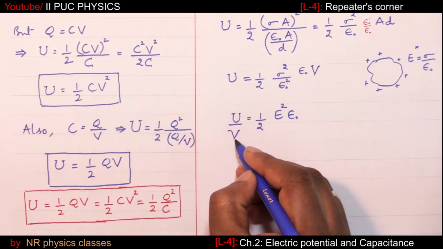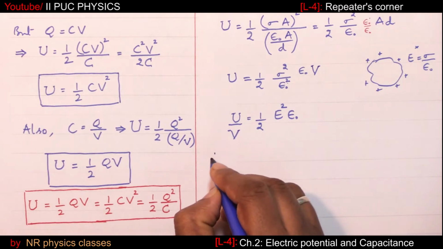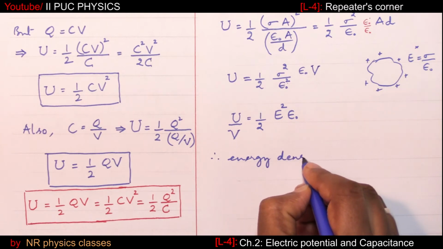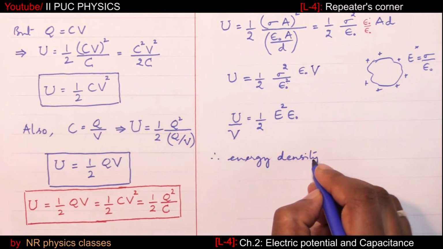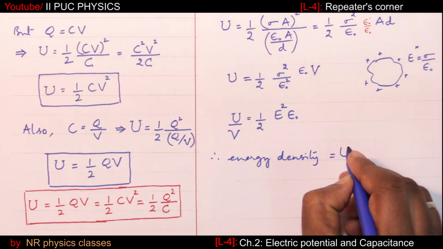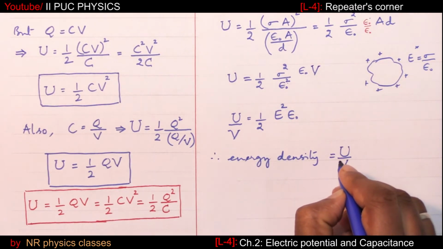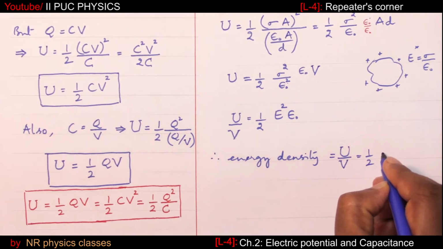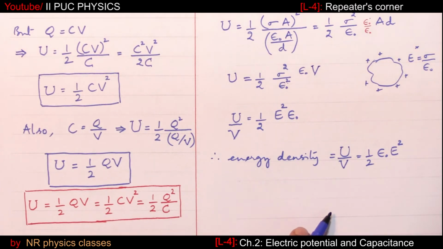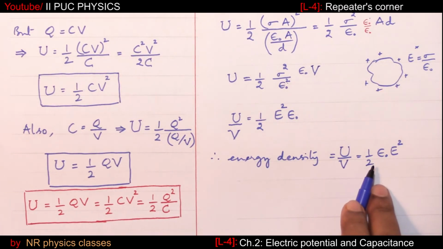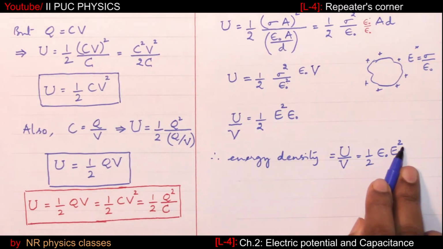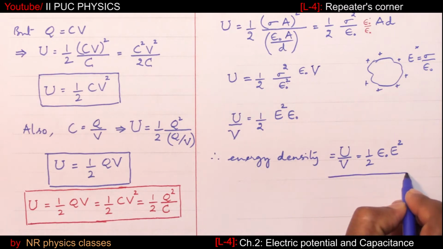So we can call it energy density. Therefore, energy density equals potential energy by volume equals half epsilon naught E square. This will remind us of the expression for kinetic energy, isn't it? Half mv square. Similarly, half epsilon naught E square. So this is the expression for energy density.